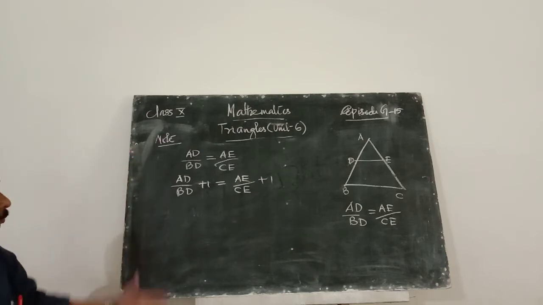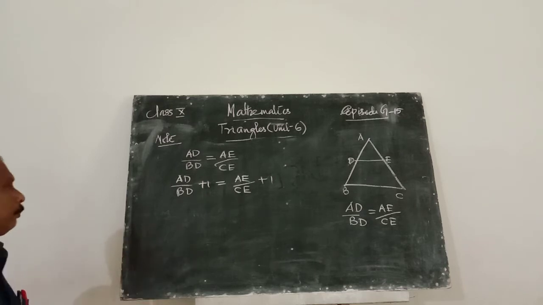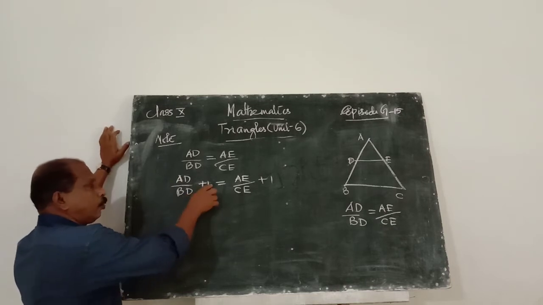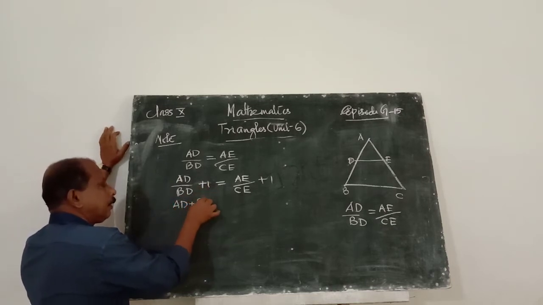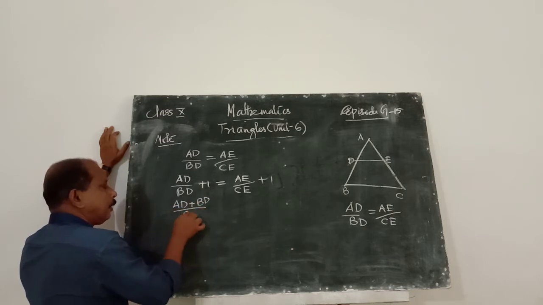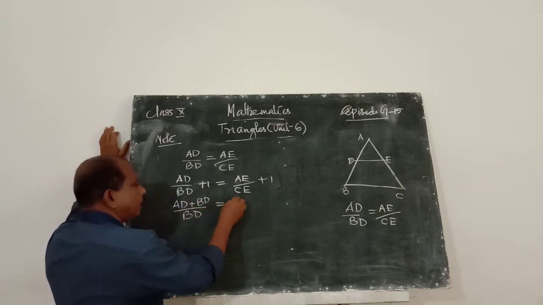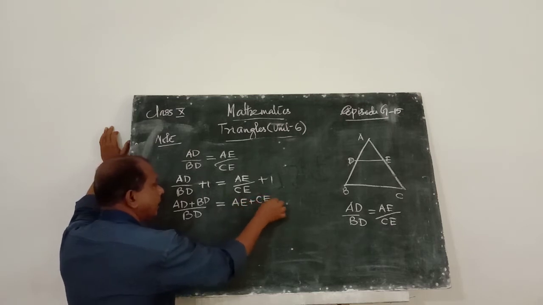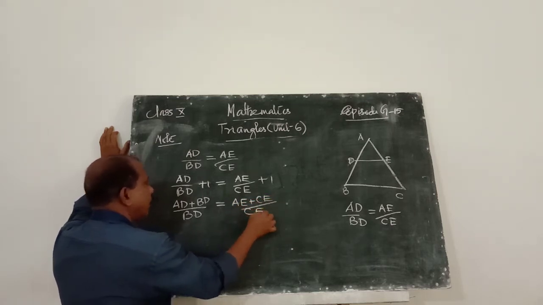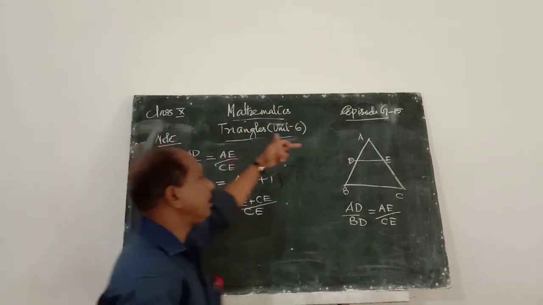For a sum of a fraction and an integer, we take the LCM, that means multiplying 1 by BD. Therefore, AD plus BD by BD is equal to AE plus CE by CE. What is AD plus BD?